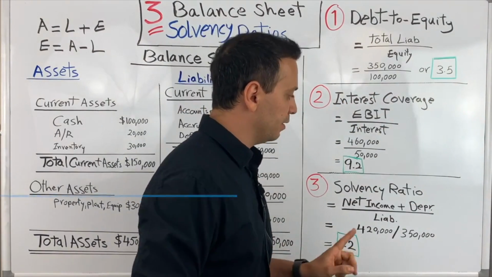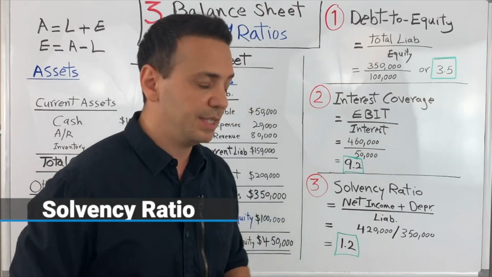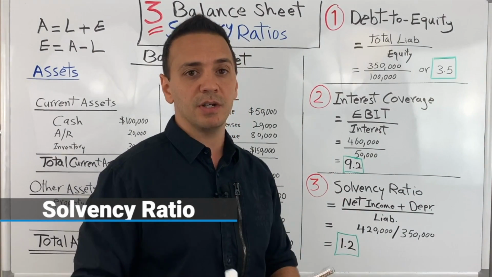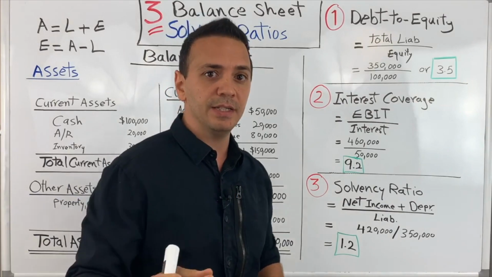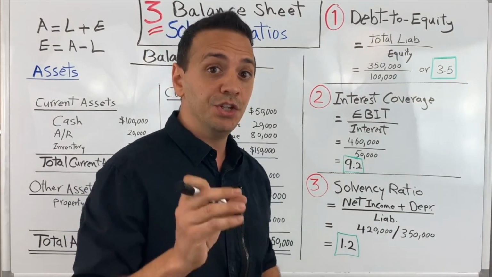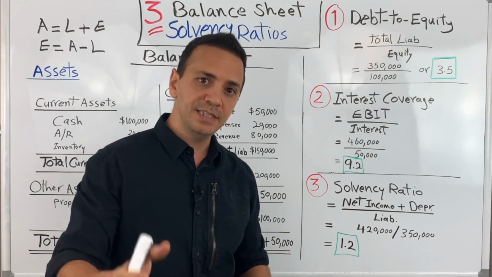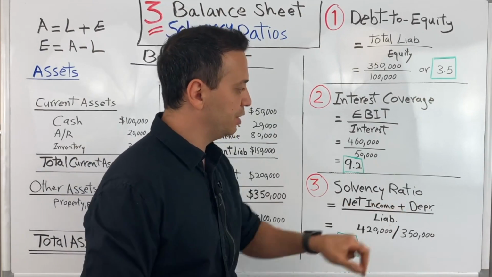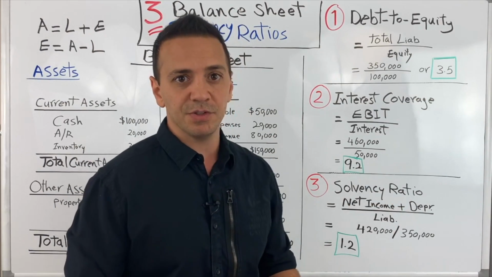The third and final ratio that we're covering today for solvency is referred to as the solvency ratio, and that basically measures the company's ability to meet its long-term obligations using its free cash flow. The formula goes net income plus depreciation, which basically refers to cash flow.